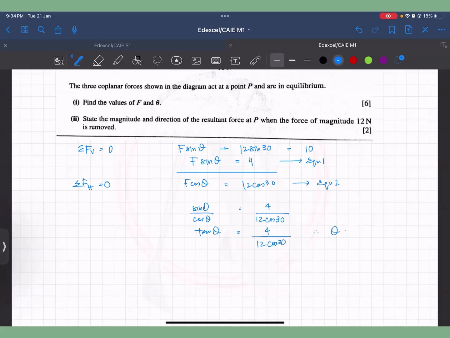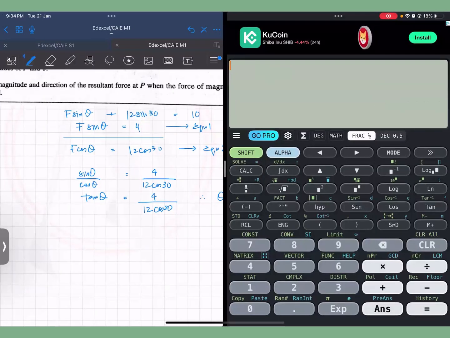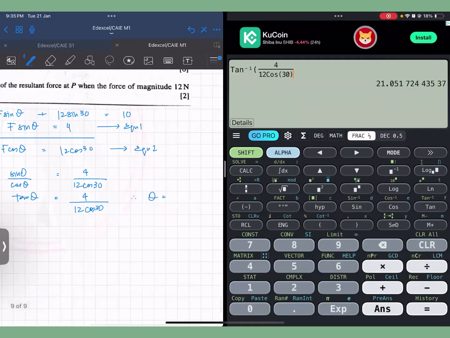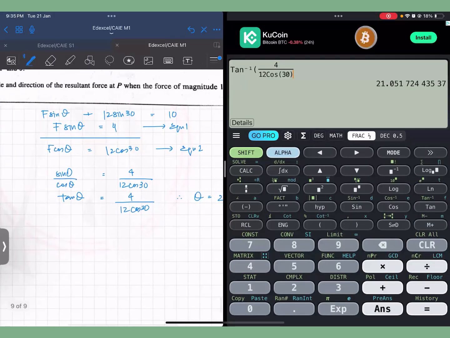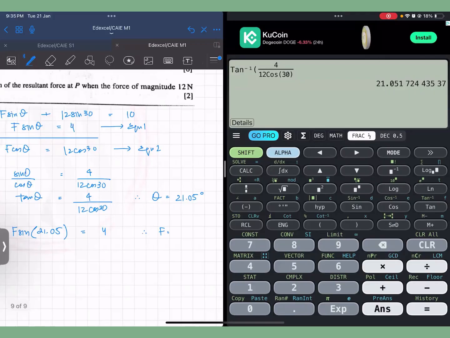So theta would be easily found: tan inverse of 4 upon 12 cos 30, which is equal to 21.05 degrees. And now you can use this. F sin 21.05 is equal to 4. And now you can find your value of F: 4 divided by this answer.